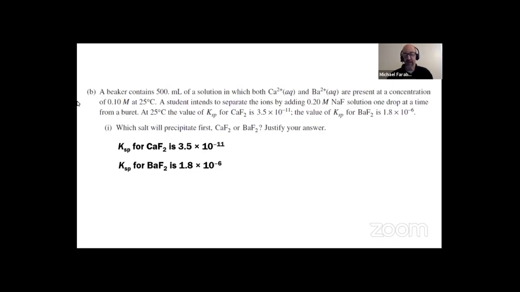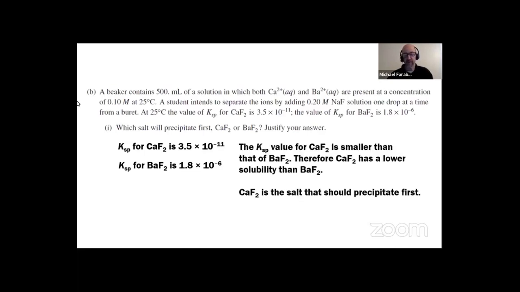And hopefully you remember from yesterday's lesson, the smaller the KSP, the lower the solubility. So the value for KSP for calcium fluoride is smaller than that of barium fluoride. Therefore, calcium fluoride has a lower solubility, and calcium fluoride is the salt that should precipitate first.